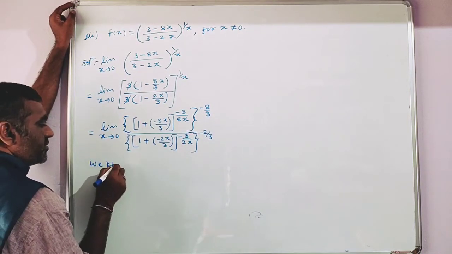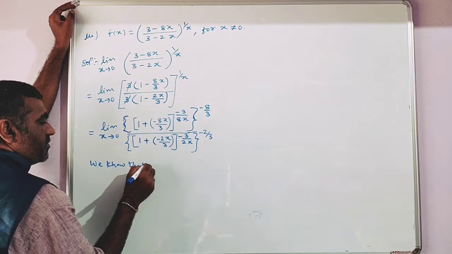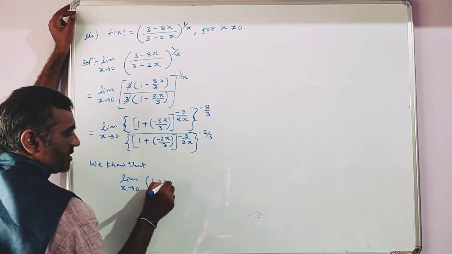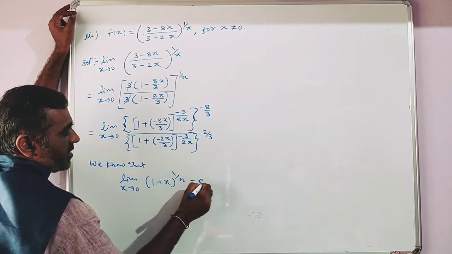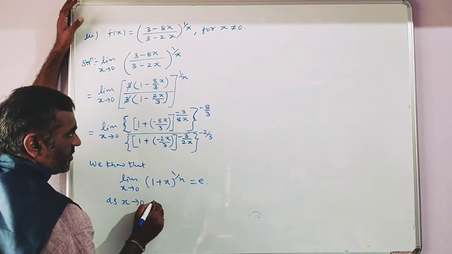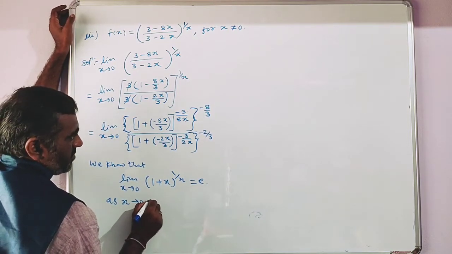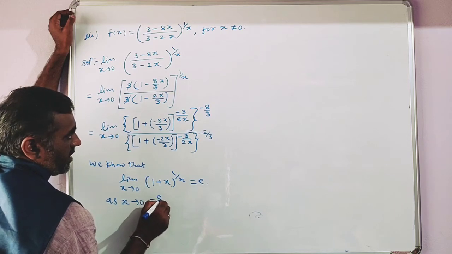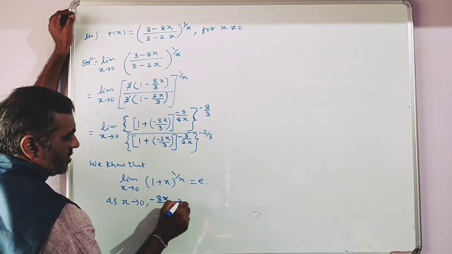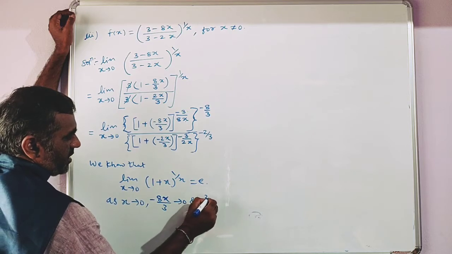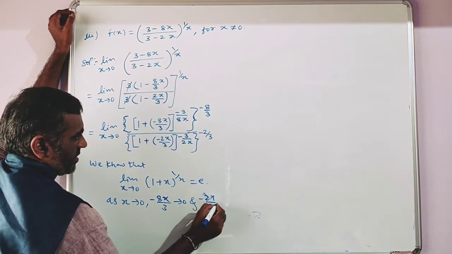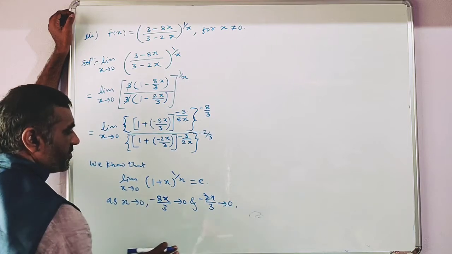We know that limit as x tends to 0, (1 plus x) raised to 1 upon x is equal to e. As x tends to 0, minus 8x by 3 tends to 0, and minus 2x by 3 tends to 0.